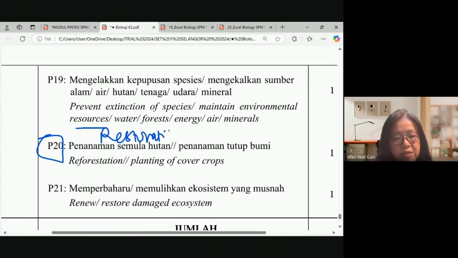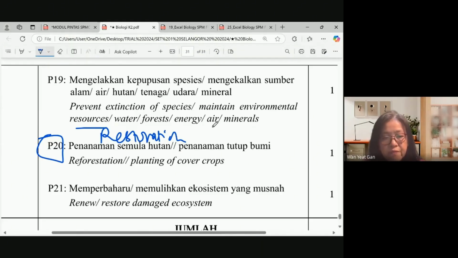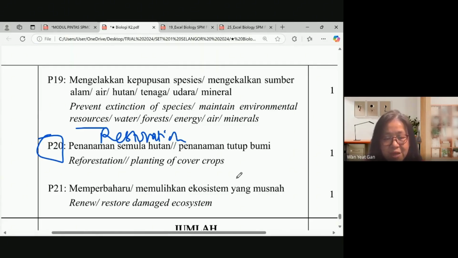Restoration is reforestation of the area that has been affected by human activities, maybe forest fire or something. So we let the place heal by replanting plants, and that will restore back the damaged ecosystem.